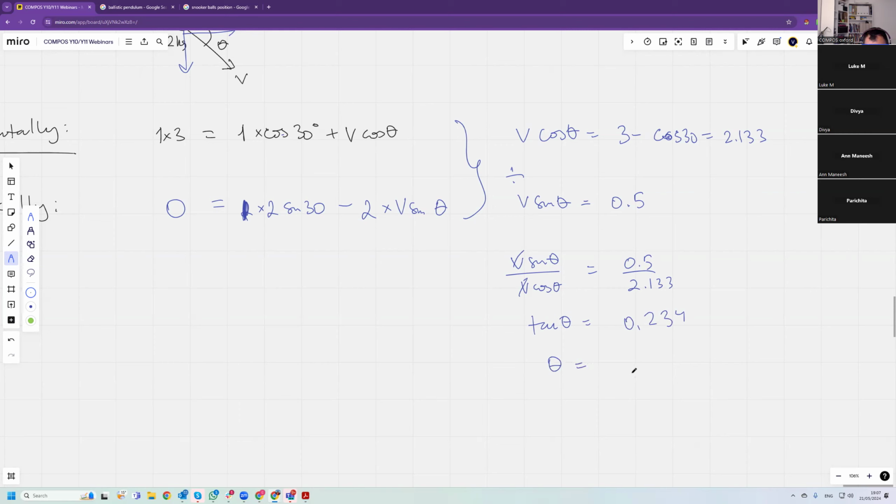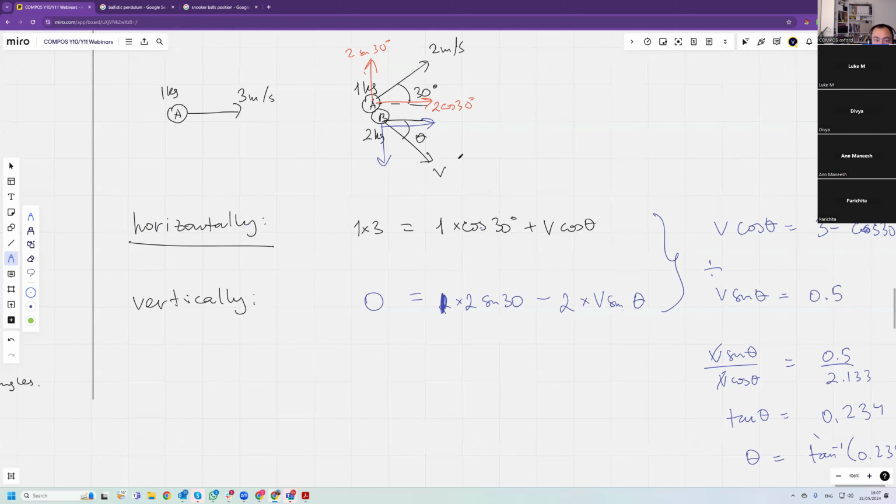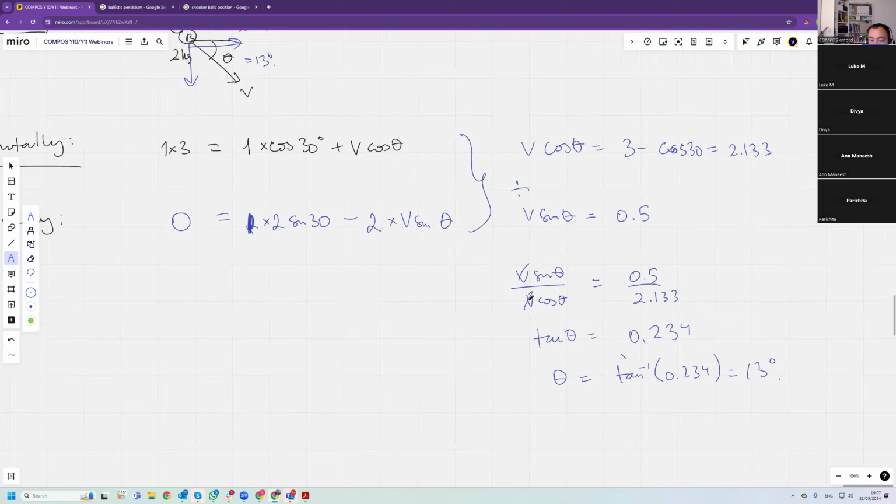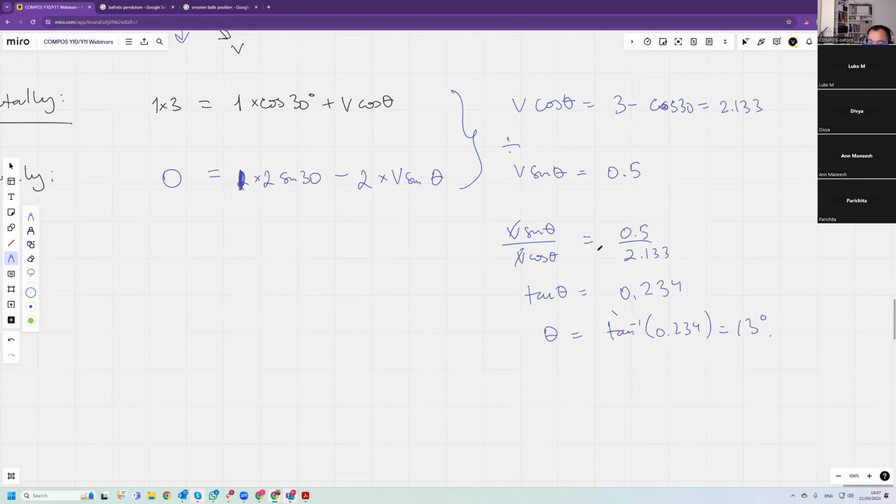So theta is the inverse tan of 0.234, which is 13 degrees. We can work out the angle. The angle is 13 degrees. And then we can work out v. If we know the angle, we can work out v from here.